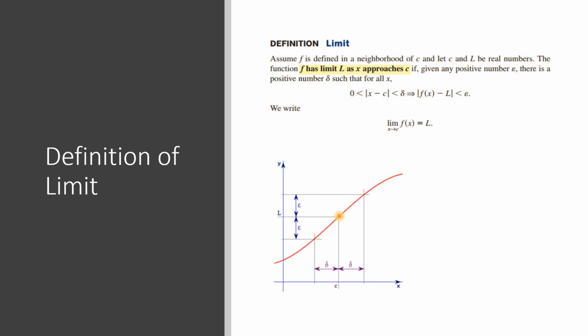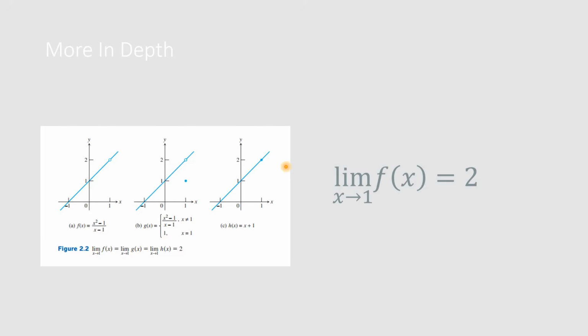Well then, the original function would not be defined. Well, what do we do in that scenario? Well, we want to know the limit. The limit as x approaches c is going to be how close we can possibly get to this point without touching it, and what that number would look like. Let's go on to the next slide here.